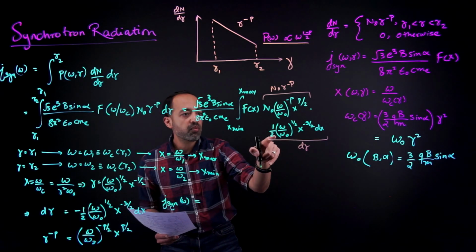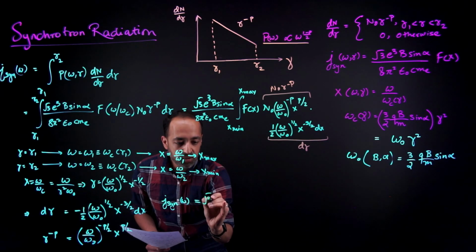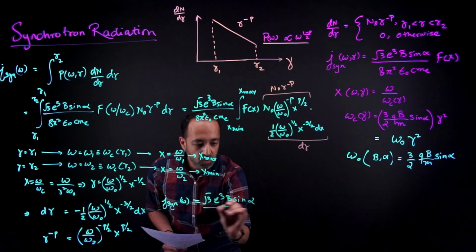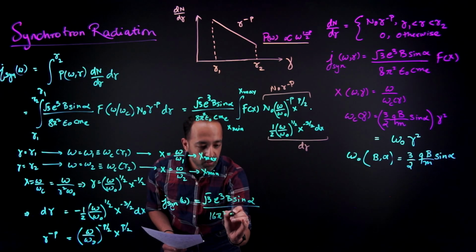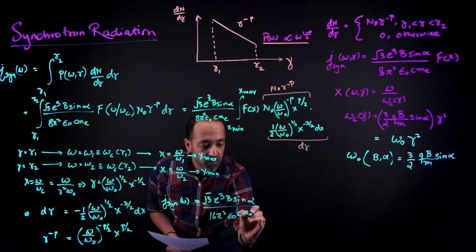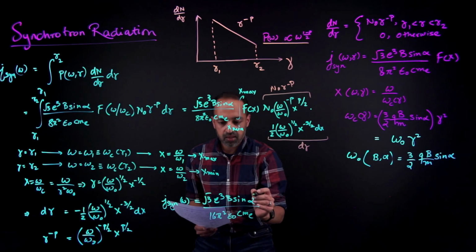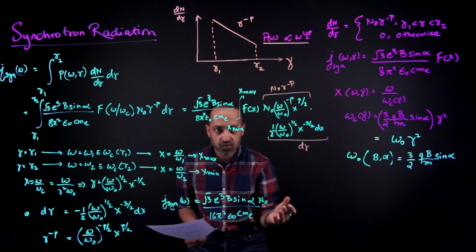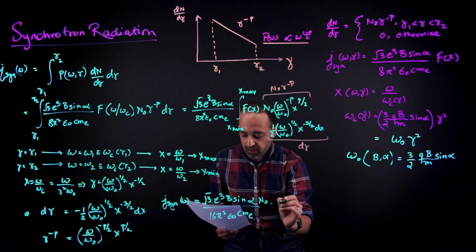So there is a factor of a half, so that becomes √3 e cubed B sine alpha over 16 pi squared epsilon naught c m e. And then there is this n naught, which is just a normalization for the total number of particles. And then we have the interesting stuff.